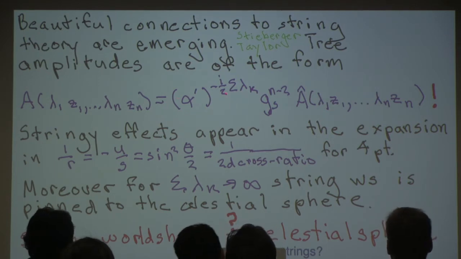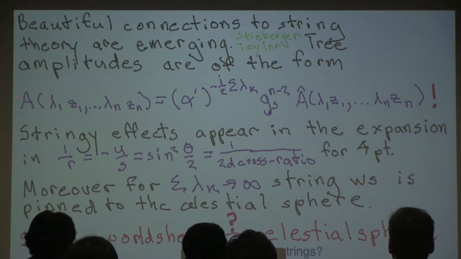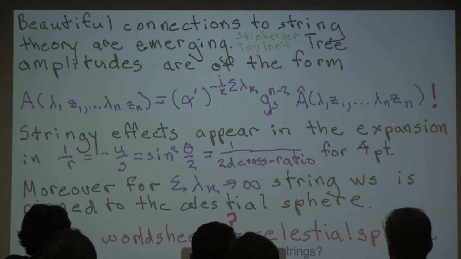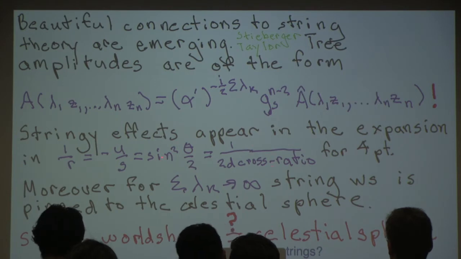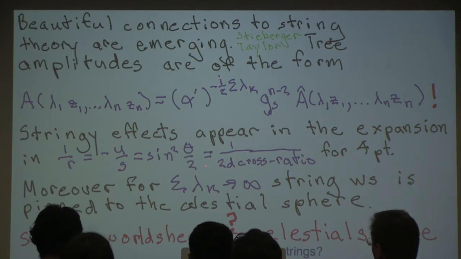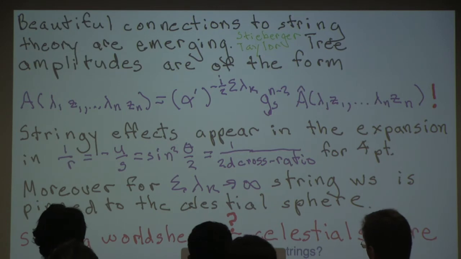And in fact, we could have eliminated this altogether by renormalizing the vertex operators. And stringy effects appear in the expansion in the scattering angle, which turns out to be U over S or T over S, whatever you want to call it, is the same thing as the standard invariant cross ratio in 2D conformal field theory, Z12, Z34 over Z13, Z24.